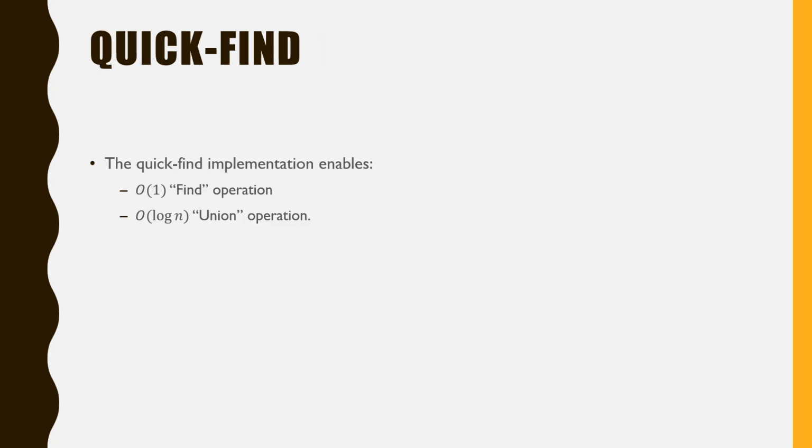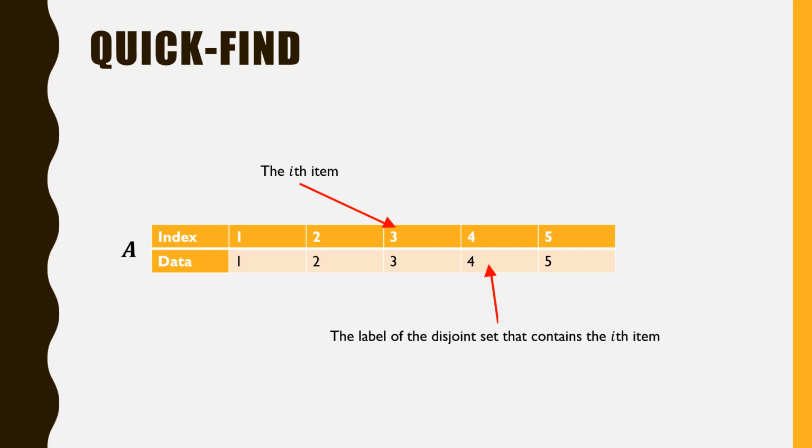In this video, we will focus on the quick find implementation of the disjoint set data structure. This approach enables the find operation to run in constant time O(1), and the union operation executes in O(log n) time. Suppose that the disjoint set data structure contains n elements. To represent these sets, we use an array A of length n, where each entry stores the label of the disjoint set to which the corresponding element belongs.